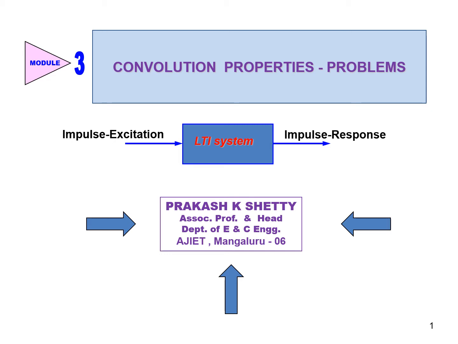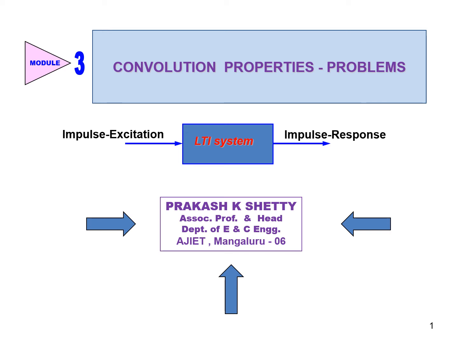Then one problem I'll be solving on impulse response usage in determination of memory property and causal property and stability property. Then in the next video, I'll be solving more problems on the second half of the discussion. So to start with, let us start with the convolution properties.